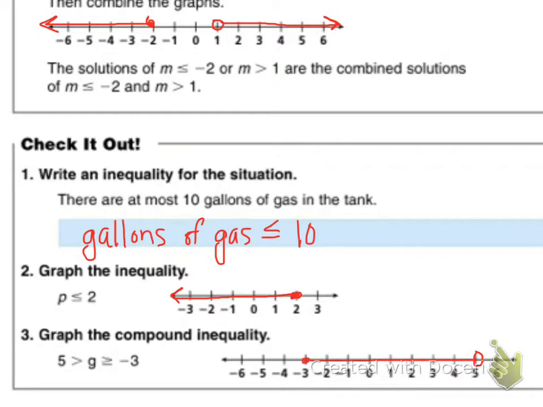So you're going to have 5 is greater than g, but not equal to, so it's an open circle. And g is greater than or equal to -3. So 5 is greater than g with an open circle, but it's also g is greater than or equal to -3. So it's going to be everything in between these two numbers, such as we did on the number line below.